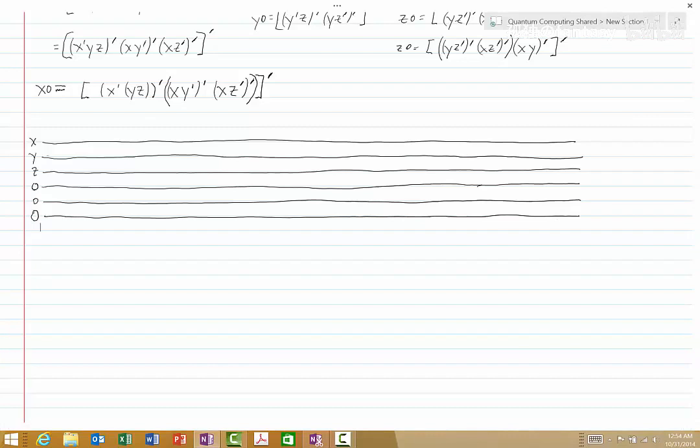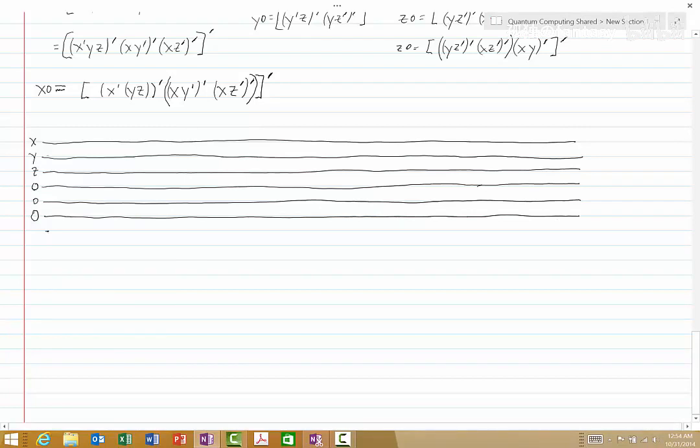Actually, in the case of calculating YO, we can get by with just 3 of these, but in order to calculate XO and ZO, we might need more. So for right now, we're calculating YO. As we will see, it will suffice to have only 3 work lines.